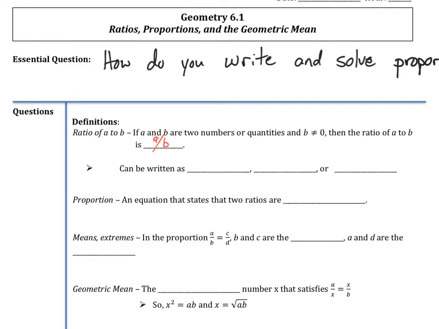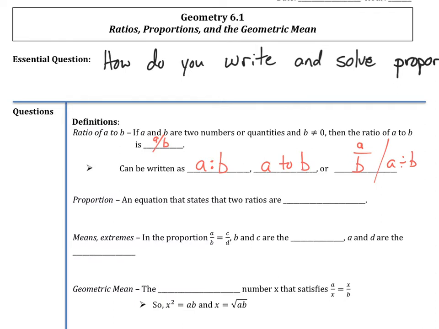We can also write it with A, then a colon, and then B. We can also say A to B. All these are ways to do A over B. And I should add one more: A divided by B. Those are the different ways to write a ratio.